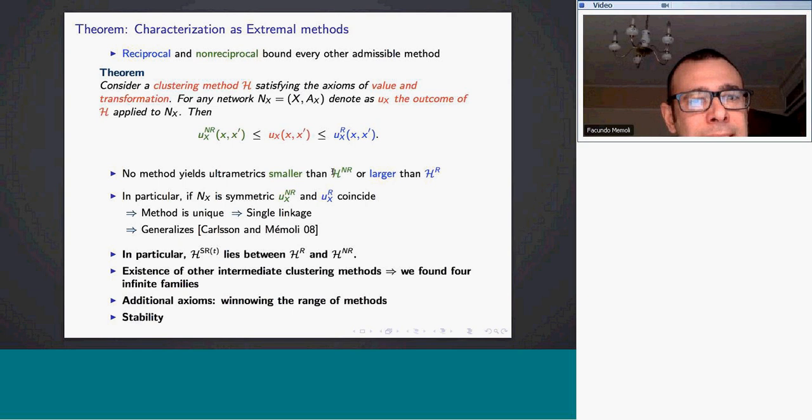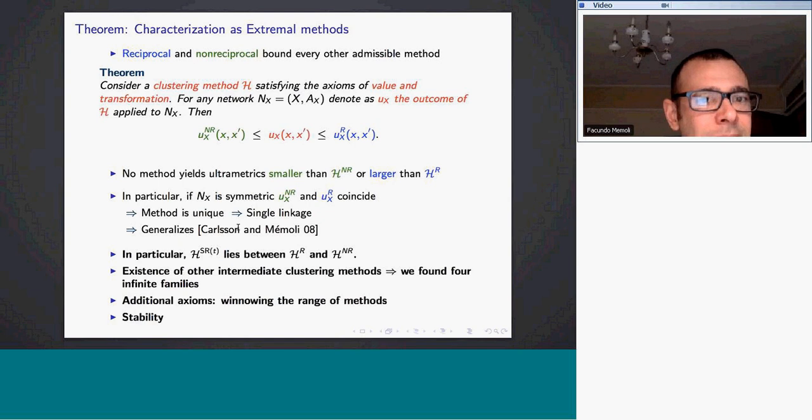So no admissible method is outside the range bounded by the non-reciprocal and reciprocal methods. And in particular, if you restrict the method to symmetric networks, since reciprocal and non-reciprocal methods coincide on symmetric networks and coincide with single linkage, you obtain that for symmetric networks the only possible method is single linkage.